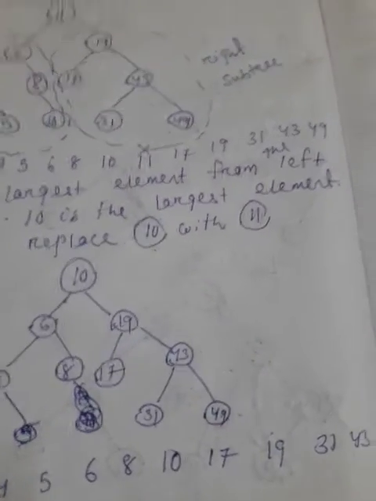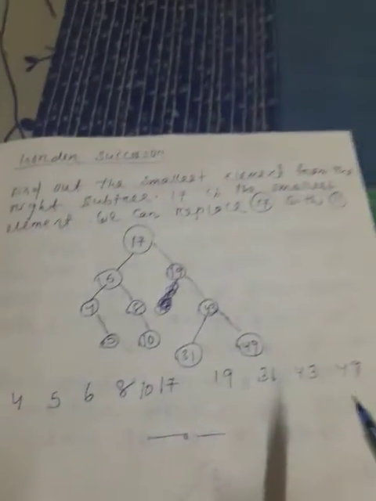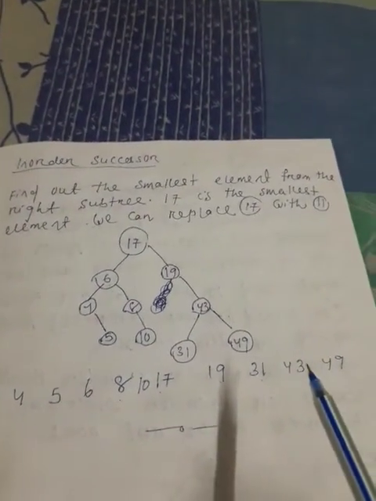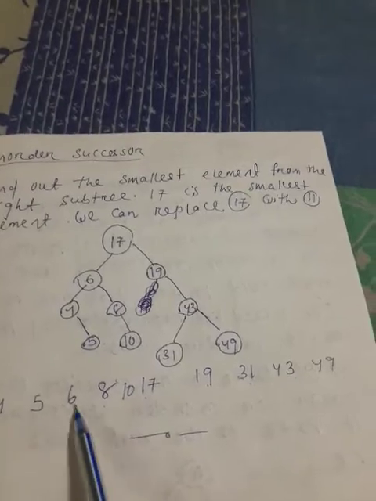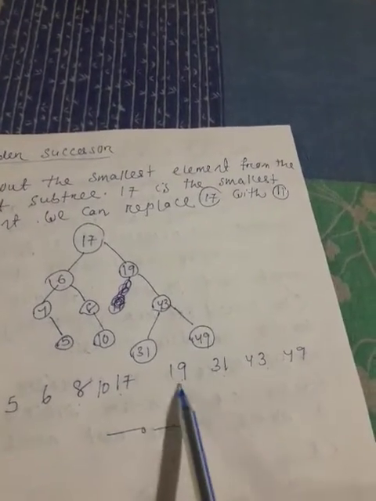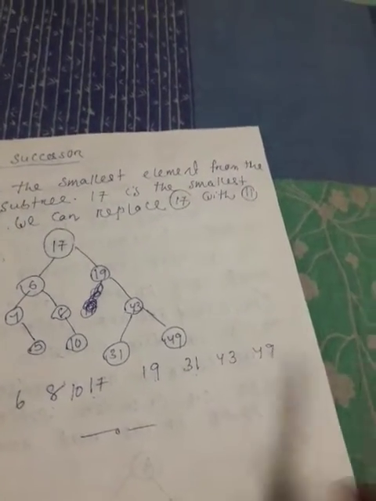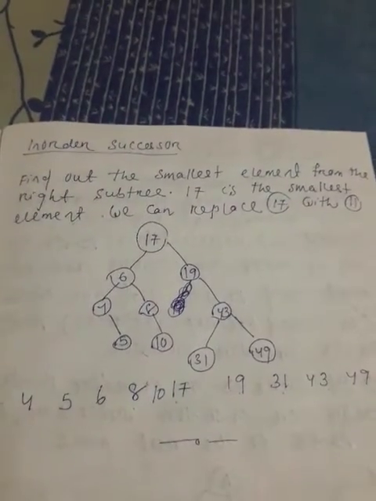If we use in-order successor, the values are also in ascending order: 4, 5, 6, 8, 10, 17, 19, 31, 43, 49. So this is the deletion process in a BST.